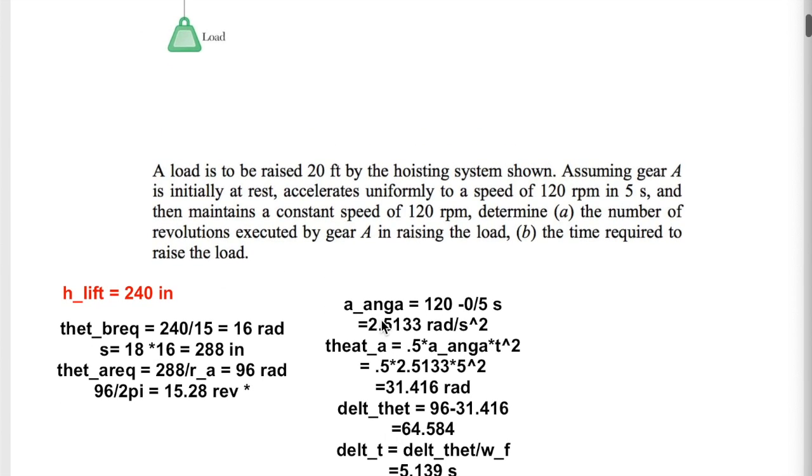So for part B, we can calculate the angular acceleration of A by taking the final speed, which is this 120 RPM, minus the initial, which we know is 0, divided by the time it takes to get there, which is 5 seconds, and we get 2.5133 radians per second squared.